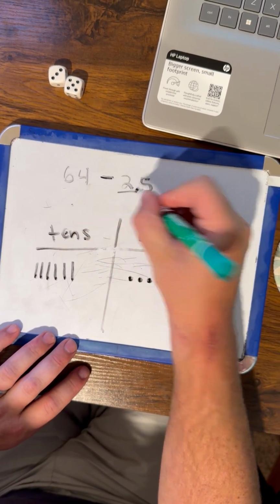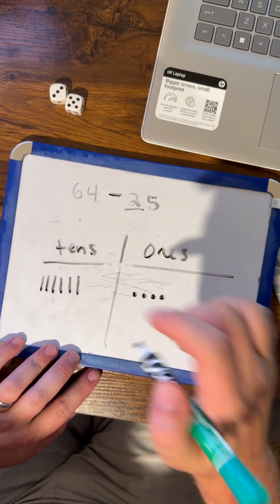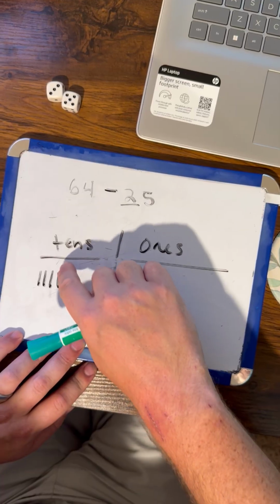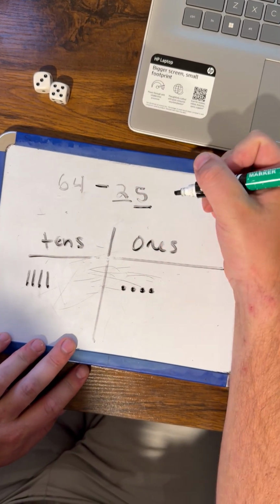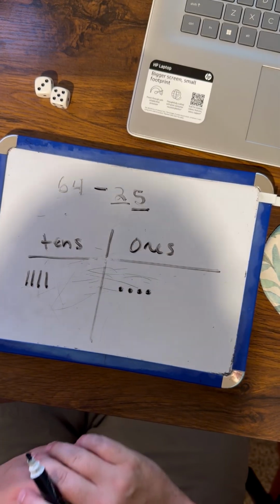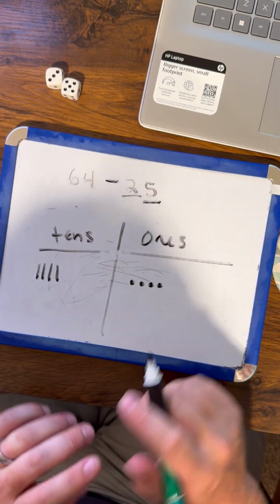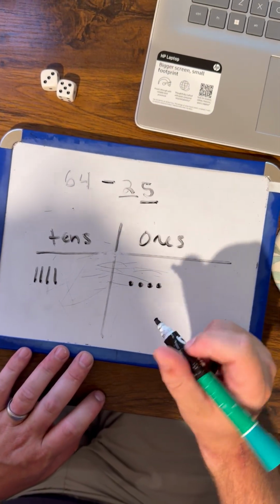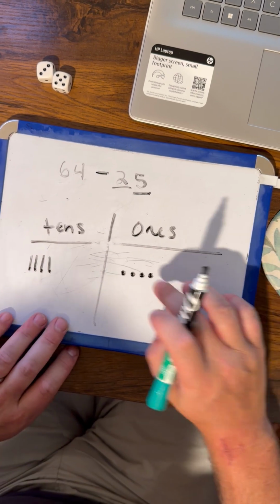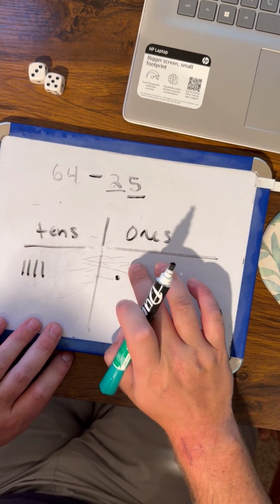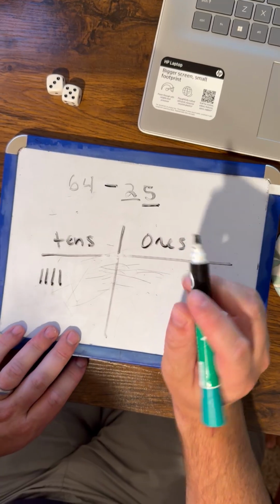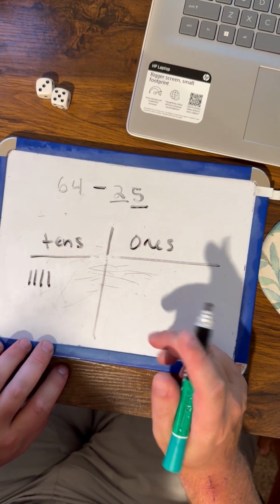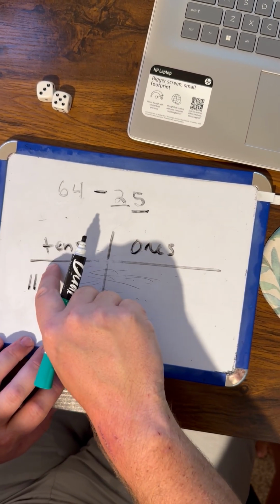So we see that we have 2 in the tens place in 25. So that tells me I'm going to take away 2 of the tens. And then we have 5 left over here. So this is where it's going to get a little tricky, because we only have 4 left here, right? So we're going to take away 1, 2, 3, 4. But that leaves us 1 left. So what we're going to do here is we're going to take one of our tens over here.